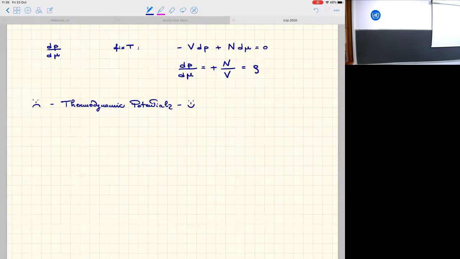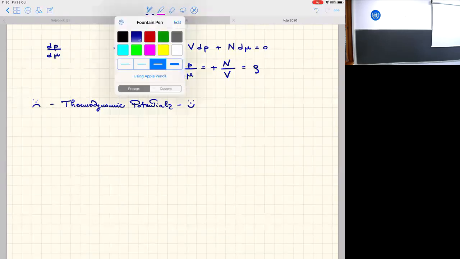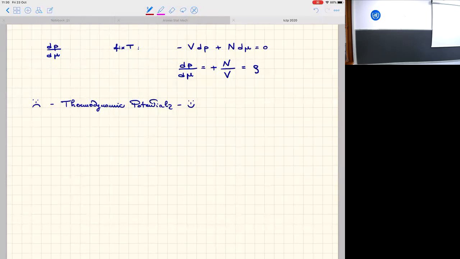Let me make an example. If you write in the final exam dP/dT equal to, I don't know, let me think for a second, minus S over the density, then you will get minus 10 points.